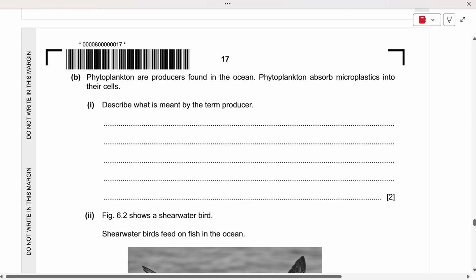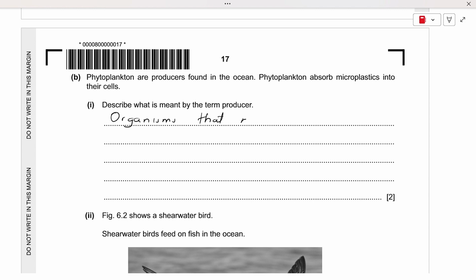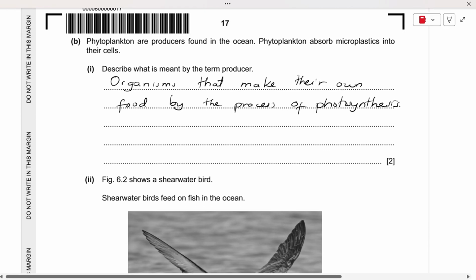So we say that producers are organisms that make their own food by the process of photosynthesis. That is what it means when we speak of producers.